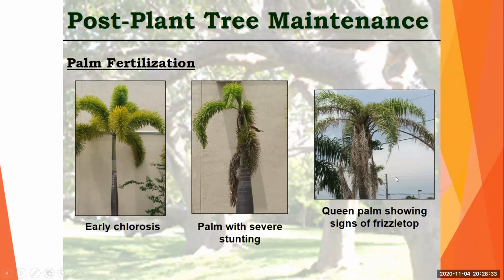I don't think you're going to see this in the exam because, as an inspector, you are not going to identify a deficiency in the palm. So we don't expect you to memorize all these deficiencies. Don't worry too much.